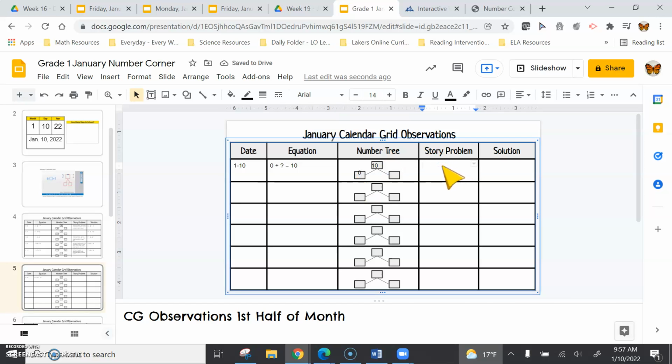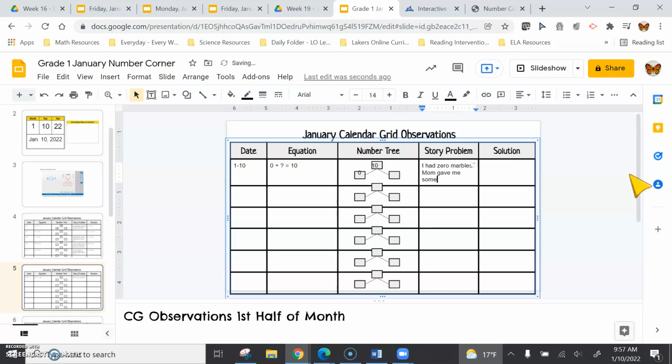We need to think of a story problem. I had no marbles. I had 0 marbles. Mom gave me some.